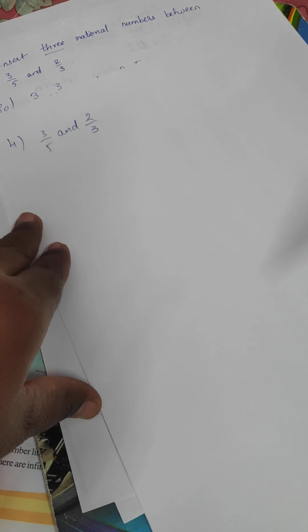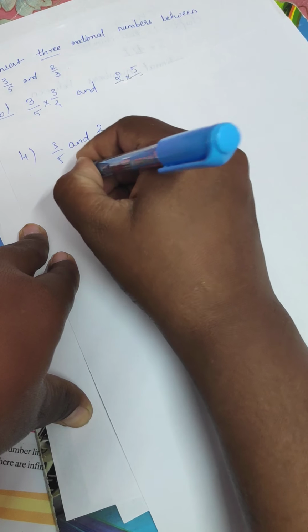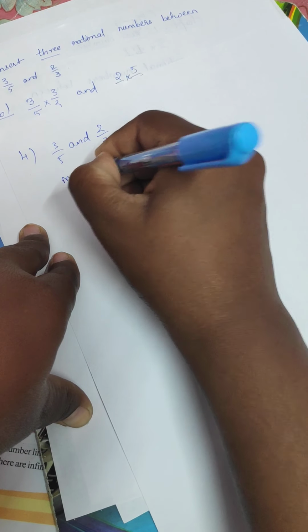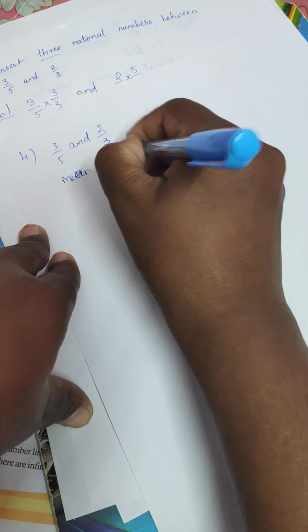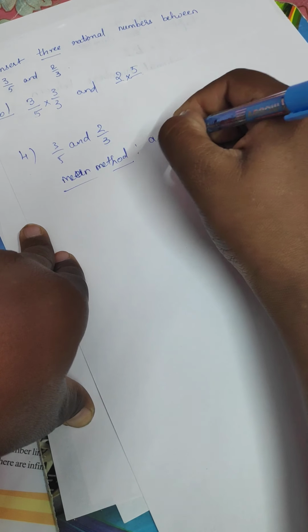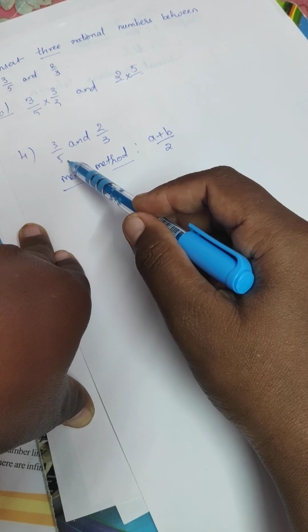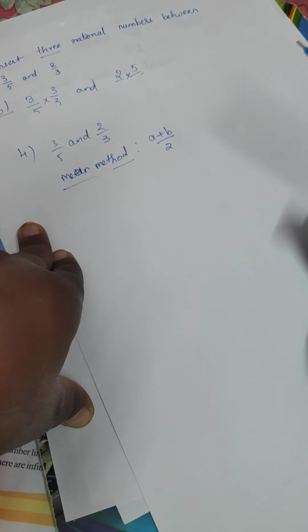We have done the second method in the previous one. Now method one is the mean method, which means a plus b by 2. Here a is 3 by 5 and b is 2 by 3.